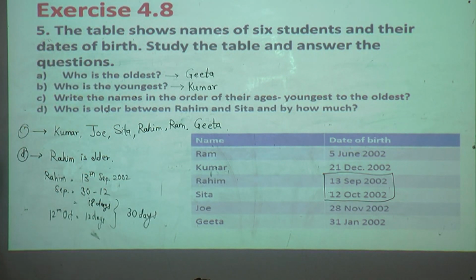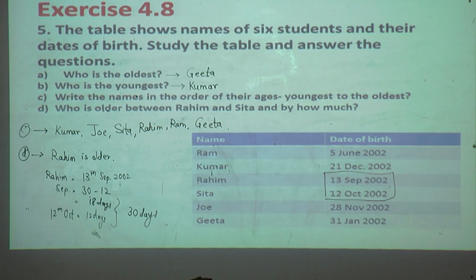What is the answer? By how many days is Rahim older than Sita? 30 days, isn't it? Yes? Correct. Now write the answer here. We have already written Rahim is older, and finally write that Rahim is older by 30 days.